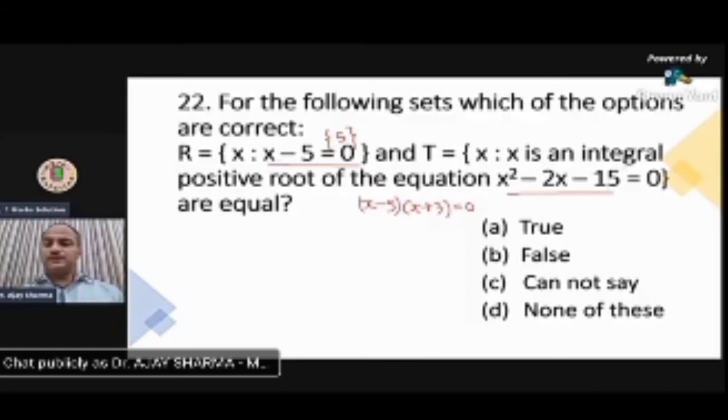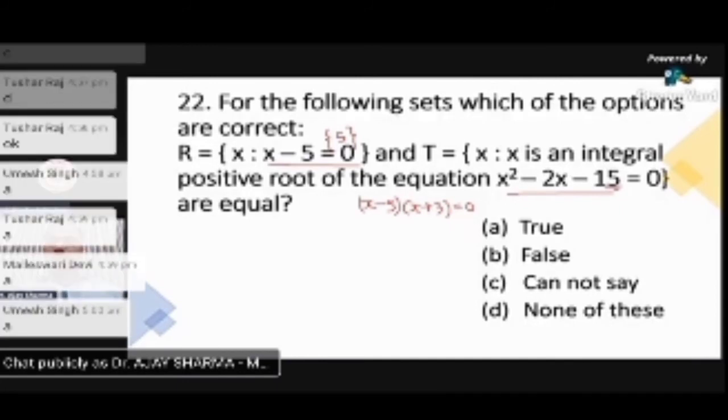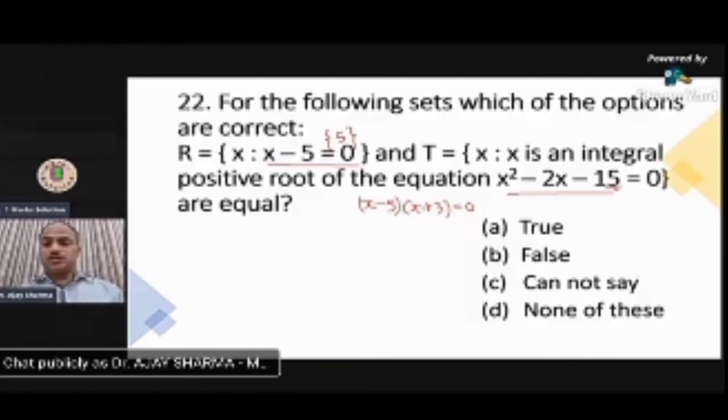Here we have the constant value 15. The factors of 15, we teach this in class 10th. The factors of 15 are 5 and 3, such that, because of this minus sign, we take the difference. The difference of 5 and 3 should be equal to this 2. So we write 2 as 5 minus 3, and on factorization we get this.